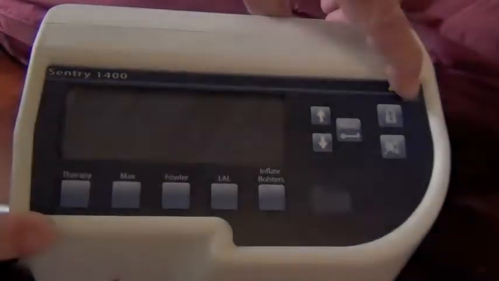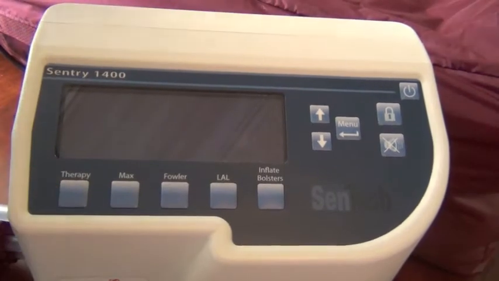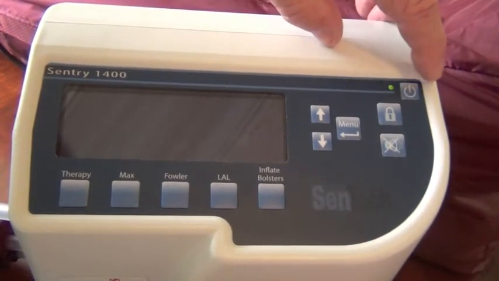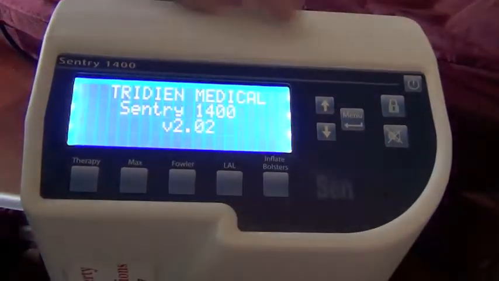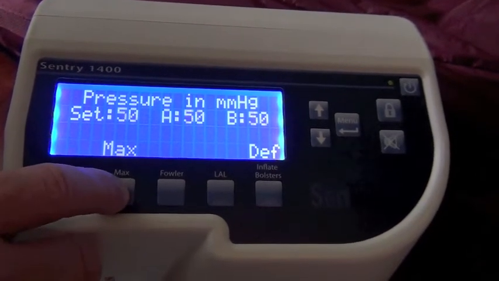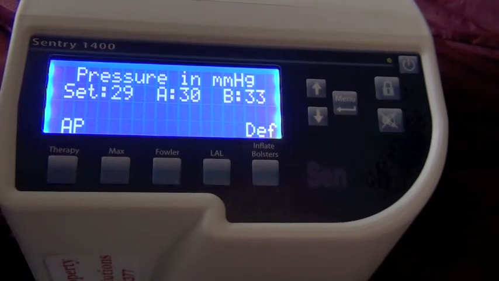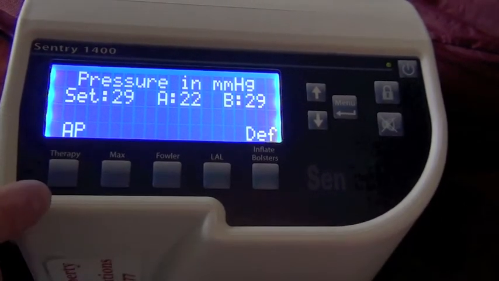If you power the unit off, it will maintain its maximum firmness for hours. So if you have a prolonged procedure, you need something longer than 30 minutes, or you don't want to be resetting that Max button, you can simply turn the unit off. When you turn it back on, you'll need to push the button to get out of Max at that point and get back into your therapeutic setting. Otherwise, it'll run another 30 minutes in Max.